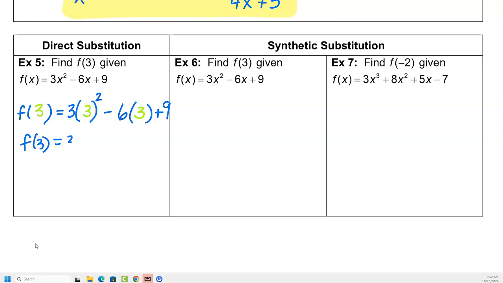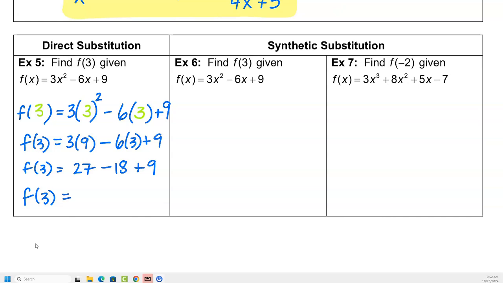So the 3 squared is 9. Now I'm going to do the multiplication. 3 times 9 is 27. 6 times 3 is 18. And then put the plus 9 here. And then when you combine those together, you're going to get f of 3 is equal to 18.